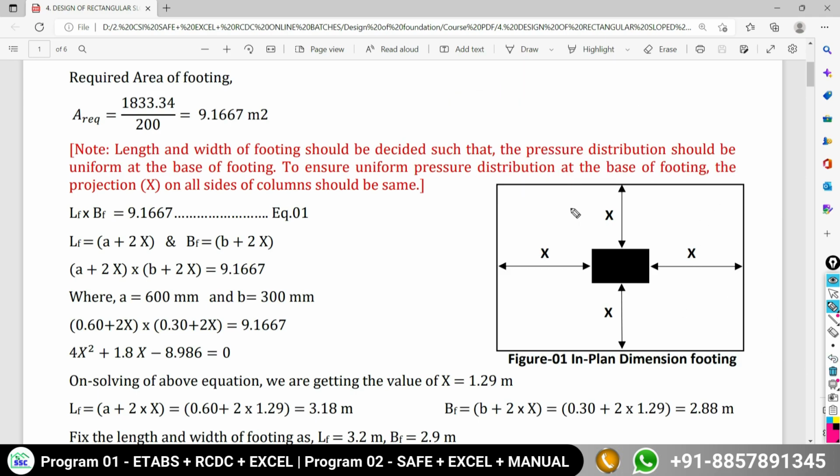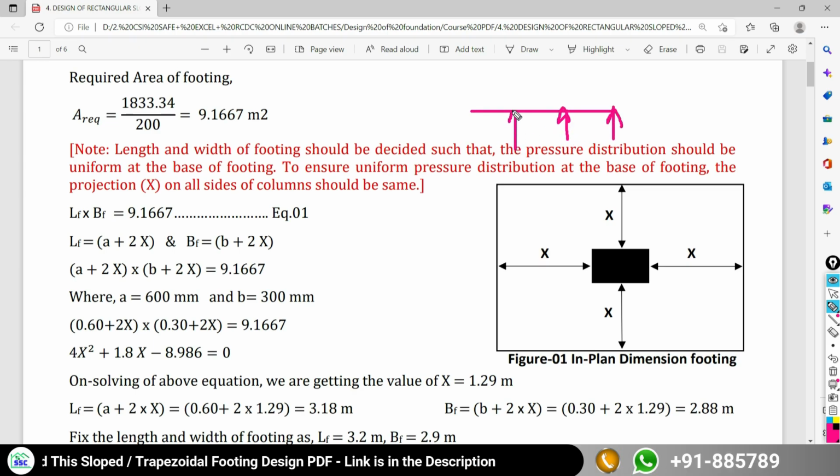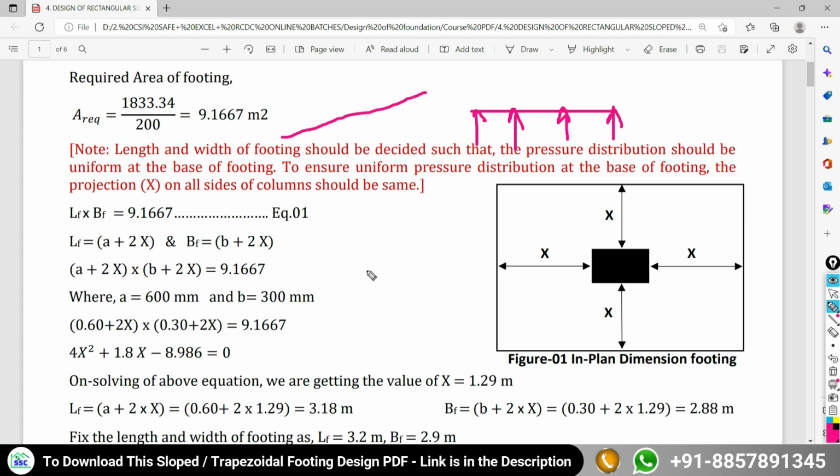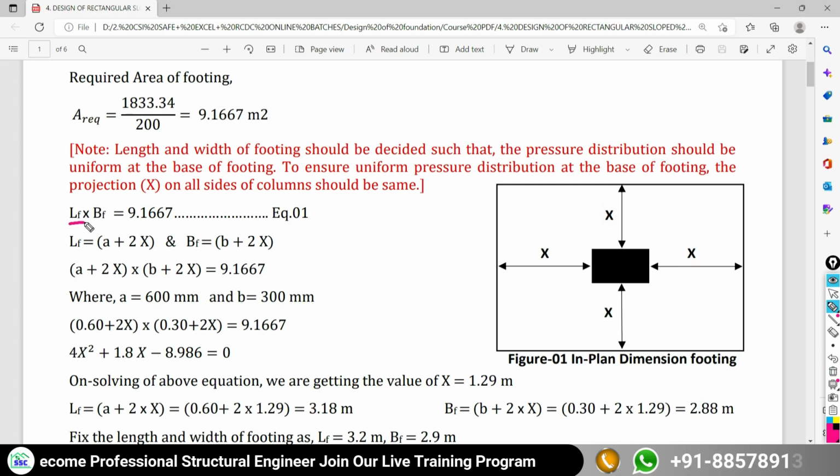But when you do not succeed in maintaining uniform pressure distribution at the base of your foundation, there will be unequal settlement in your foundation or in your subsoil. That's why this projection in all directions should be the same.